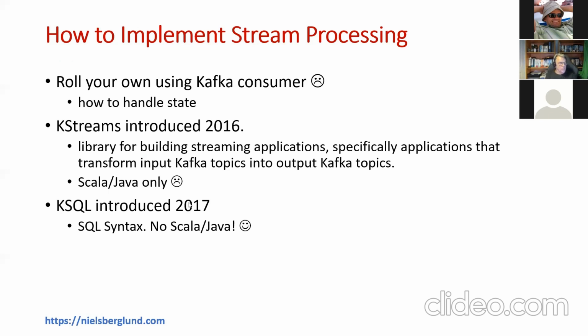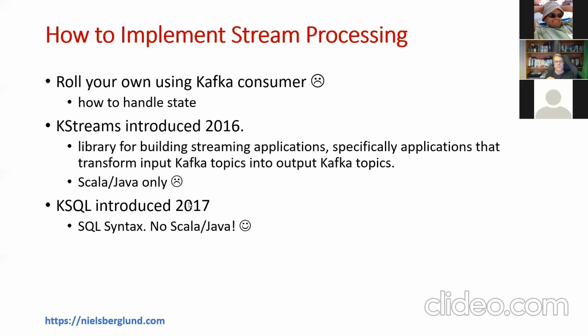We have something called K-streams, which stands for Kafka Streams, strangely enough. It was introduced in 2016, and as I say on the slide, it's a library for building streaming applications, where we take stuff from one topic and put it onto another topic.